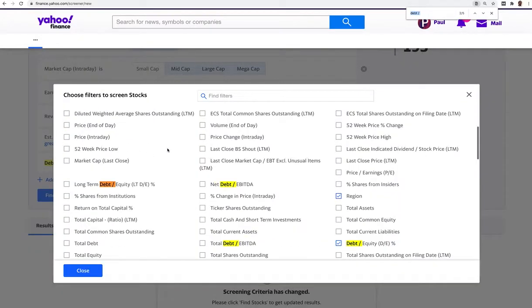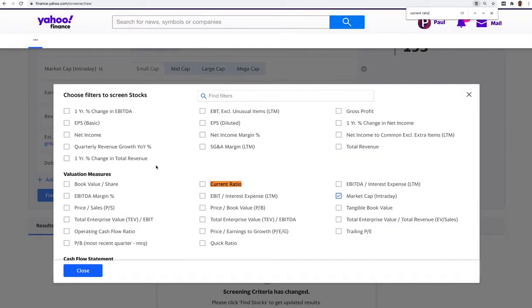Now let's use the current ratio. This is a great one because the current ratio is a measure of a company's short-term working capital. Short-term meaning in the next year, the current ratio measures the current liabilities, meaning the debts and stuff that need to get paid in the next year, versus the current assets, which are the assets that are going to get converted into cash in the next year.